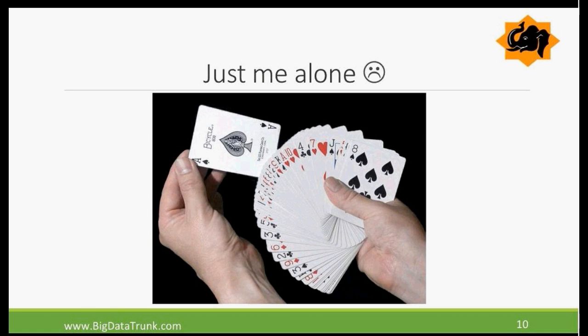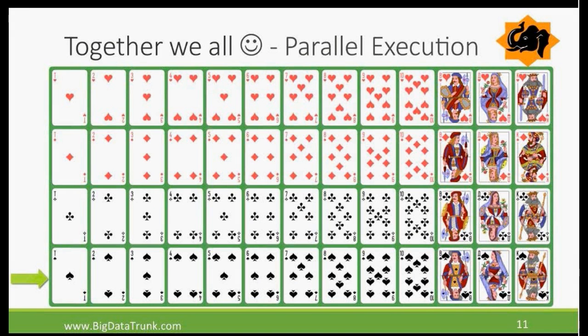That's not the approach which we have taken, and we build something as a team effort. Instead, we do it together. The cards are structured in such a way that each of us, let's say 52 of us, has one card only. And if I ask who has the Ace of Spade, the person can instantaneously answer within seconds.